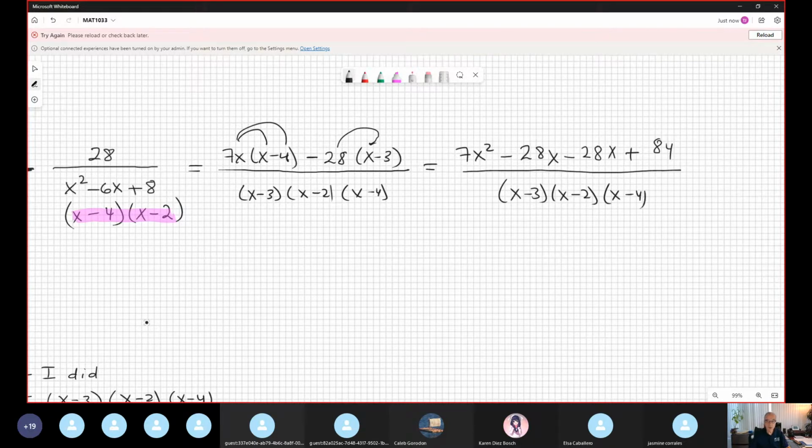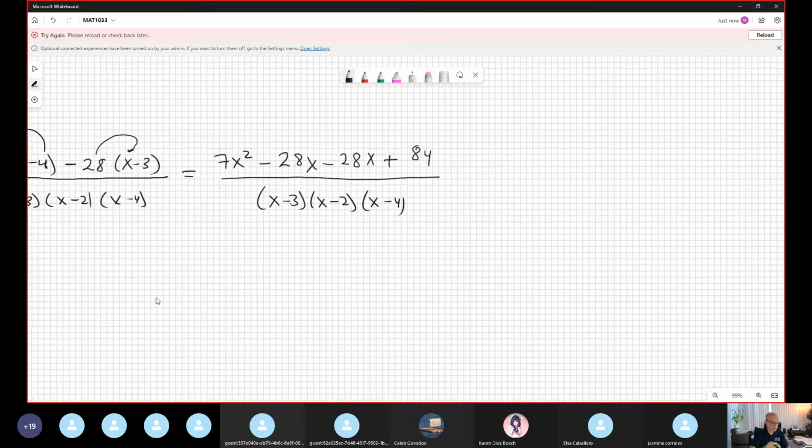And we combine later. So I apply the distributive property first. Combining, I see that 28 negative, another 28 negative, become 56. So we have 7x squared minus 56x plus 84 divided by the rest. Okay, just copy.